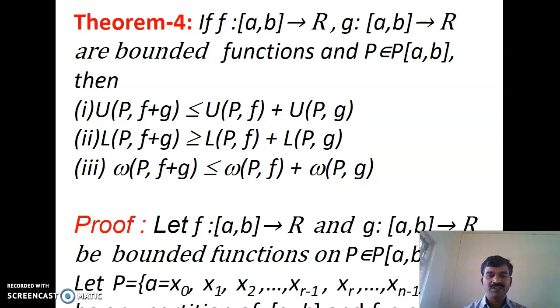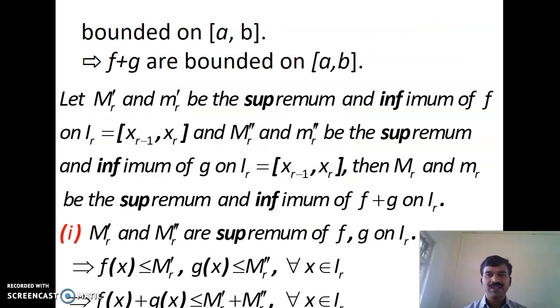Let f and g be bounded functions on the closed interval [a, b]. Let P be any partition of [a, b]. Since f and g are bounded on [a, b], it implies f plus g is bounded on [a, b].